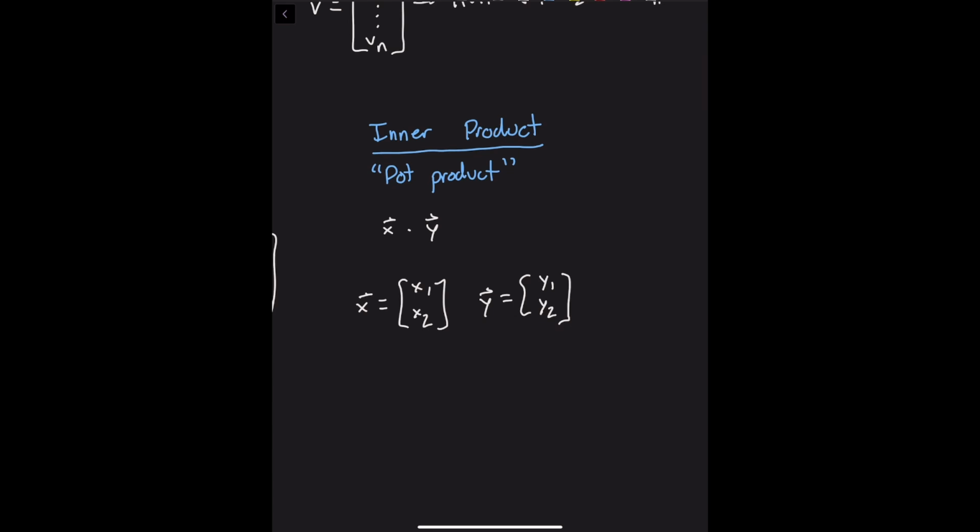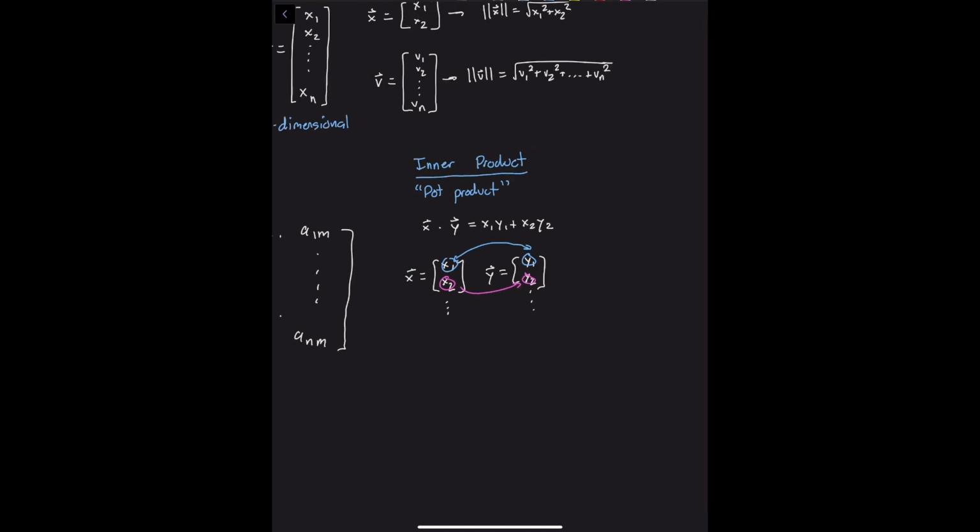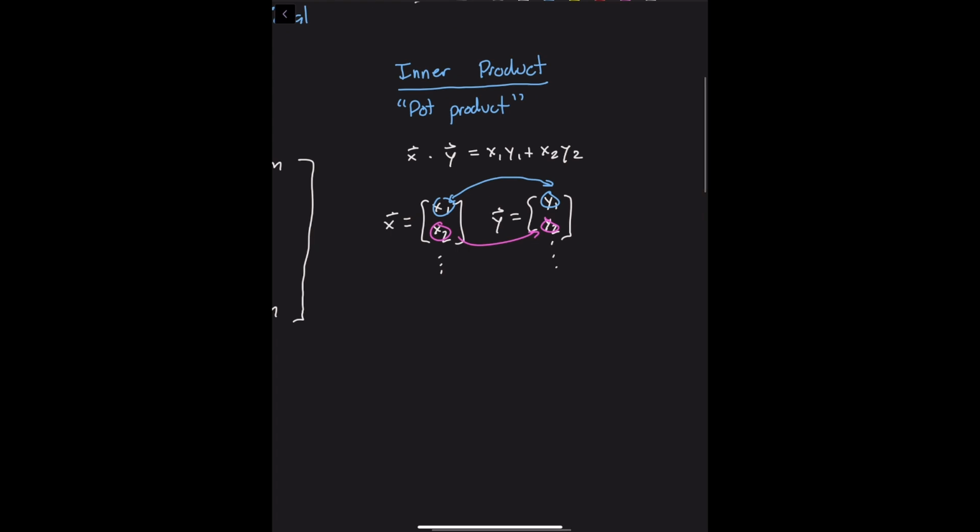So basically what we do is we look across here and we take the first 2 elements, we add those together. Then we do the same for the second 2 elements, add those together. And then if it kept going, we would do the same thing down there. So this dot product is going to be x1 y1 plus x2 y2. All right, so that's our dot product.